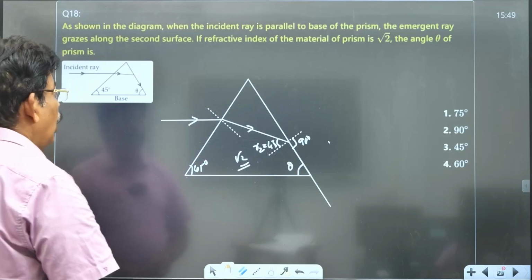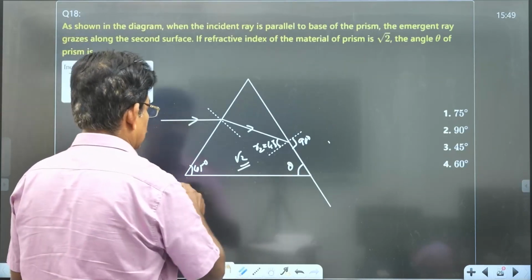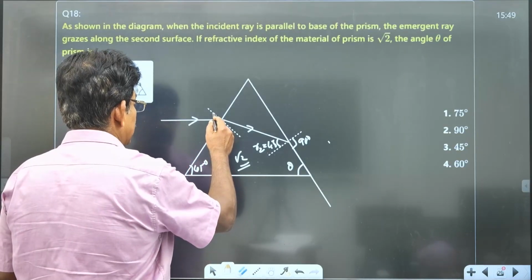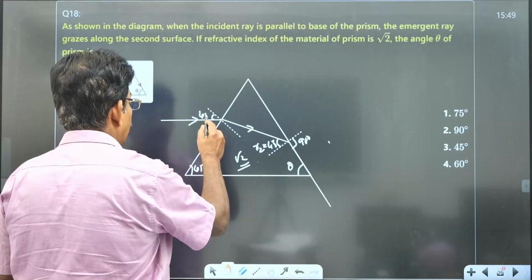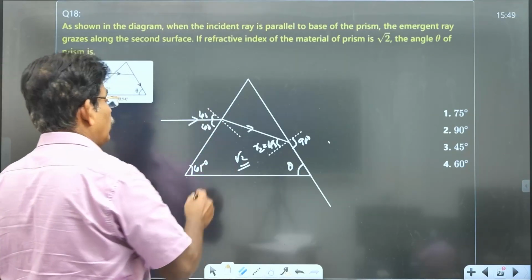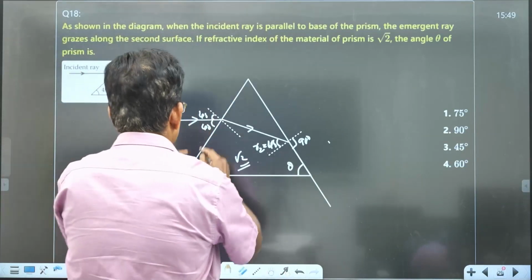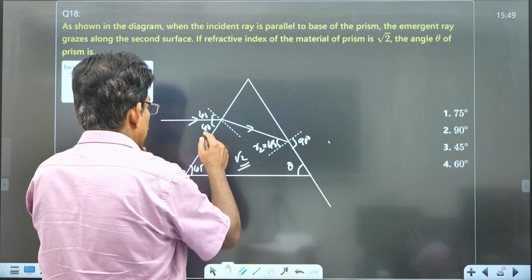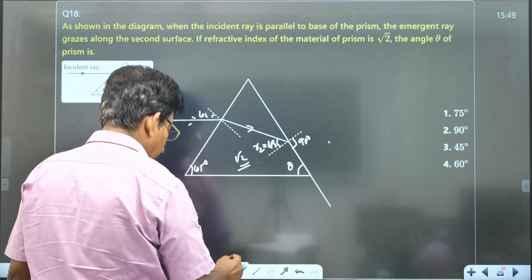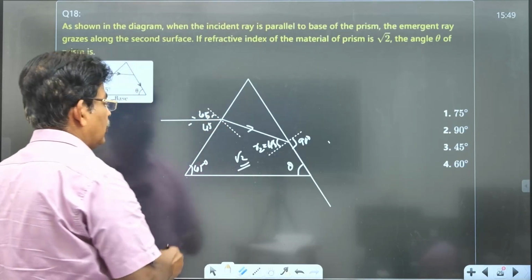Now, it is given that the incident ray is parallel to the base. This is the base. So using the law of transversal angles, this will be 45 degree. This is normal. This will be 45 degree, because these two angles are alternate angles.